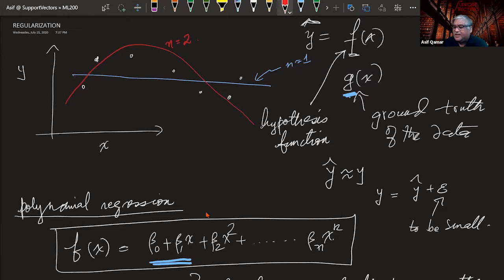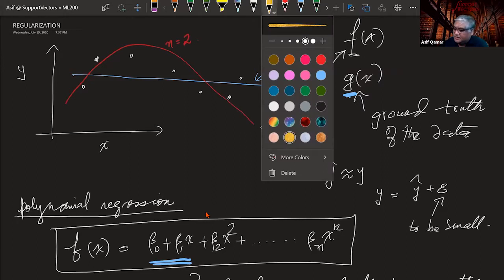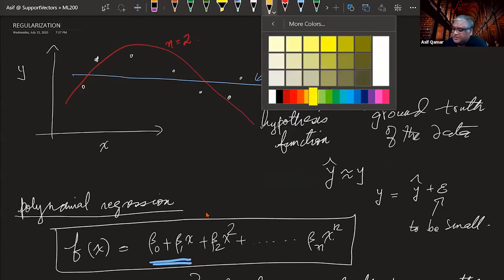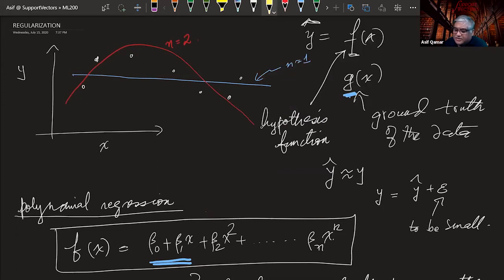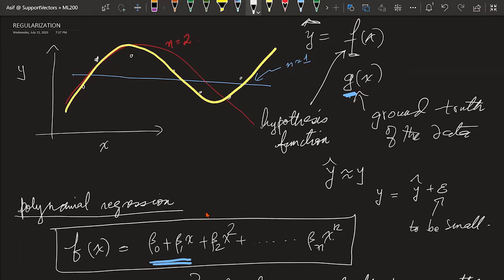Then for n equal to 3, let me take another color. So n equal to 3, maybe it is this one. Let me make the points big and bold so that we remember those points.